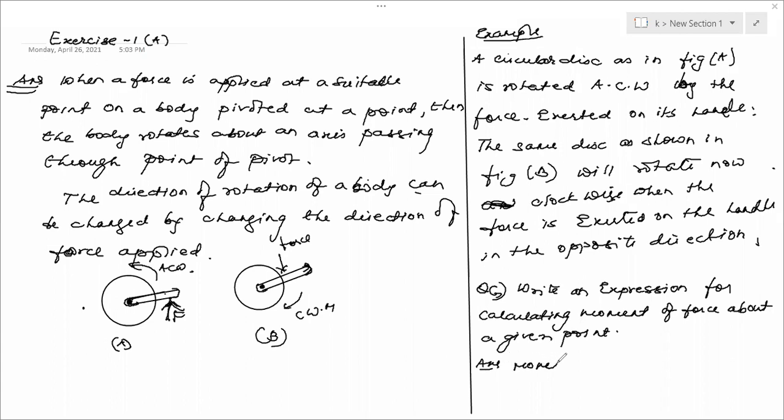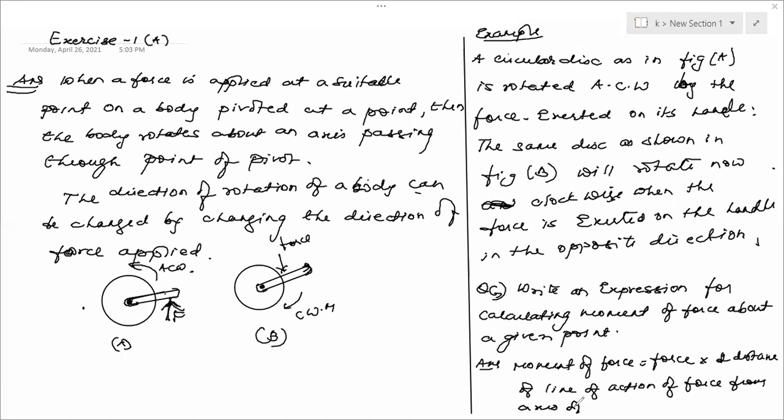The formula, what I told you: moment of force equals force into perpendicular distance of the line of action of force from the axis of rotation. Okay. We go to the next question now.